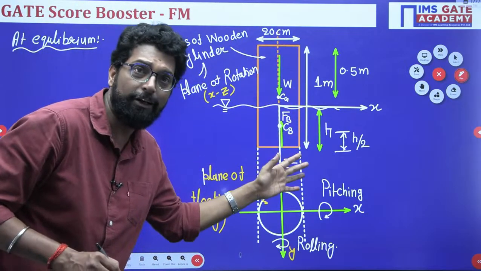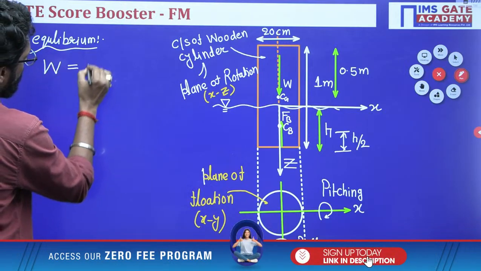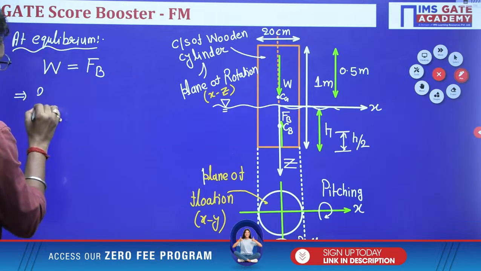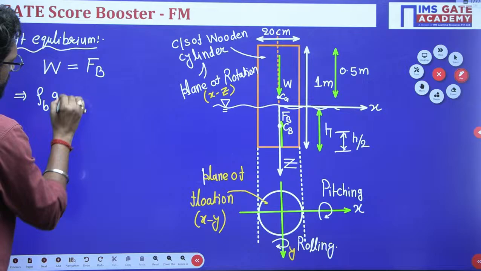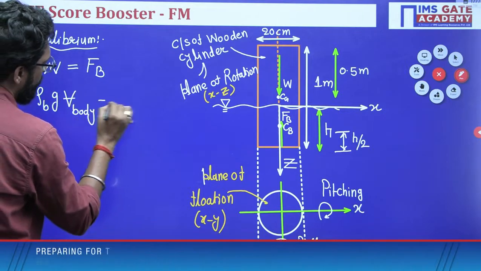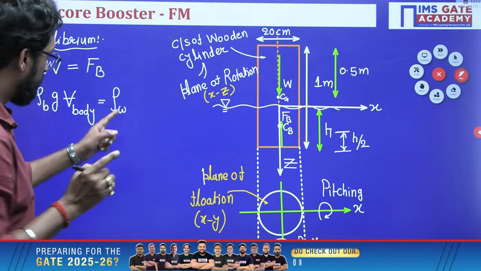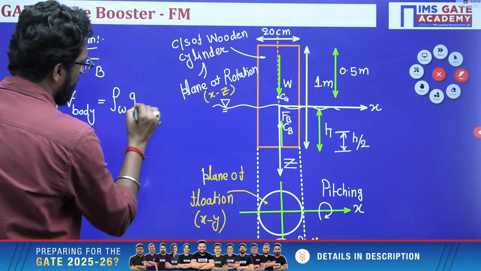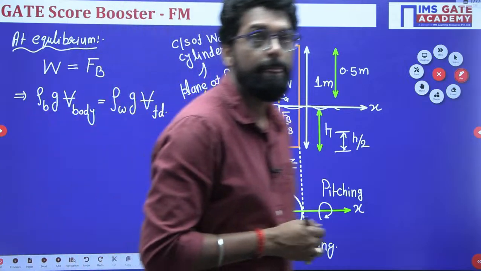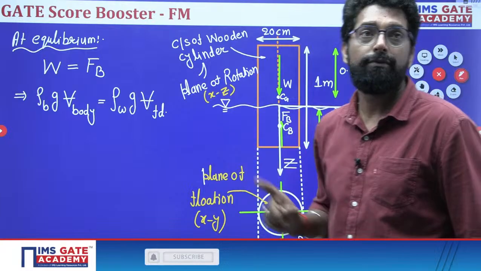Since the body is in equilibrium, the weight of the body is equal to the buoyancy force. Weight of the body is density of body times g times volume of body, and buoyancy force is density of water times g times volume of fluid displaced. Always keep in mind, if the body is fully immersed, the volume of the body is the same as the volume of fluid displaced.